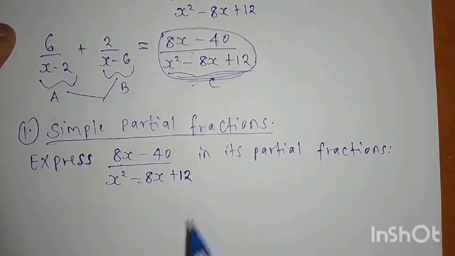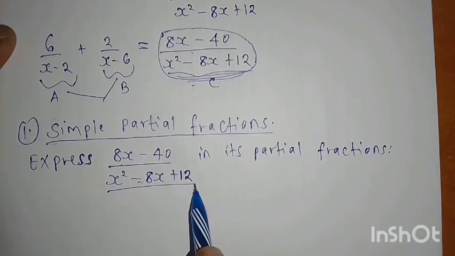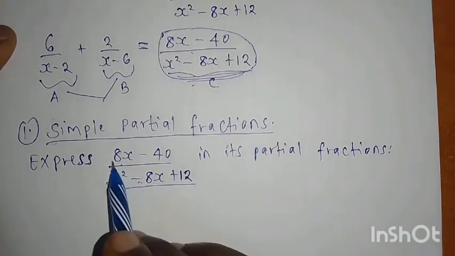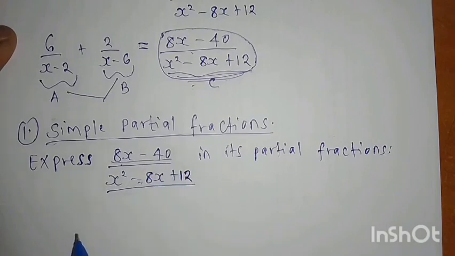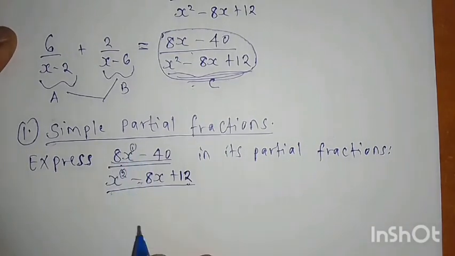First, you should ensure that the degree of the denominator is greater than the degree of the numerator. The degree of the polynomial in the denominator is 2, and the degree of the numerator is 1. So that is okay.